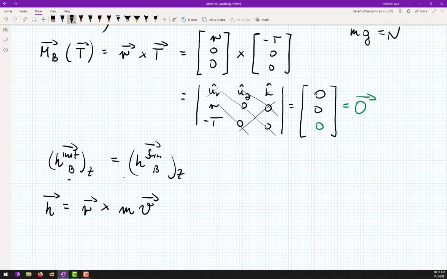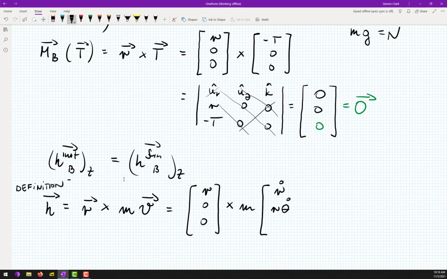By definition. So now we have to do R00 because we stay in the same coordinate system, and we will cross it with M times R dot R theta dot 0. Okay? So let's do it.